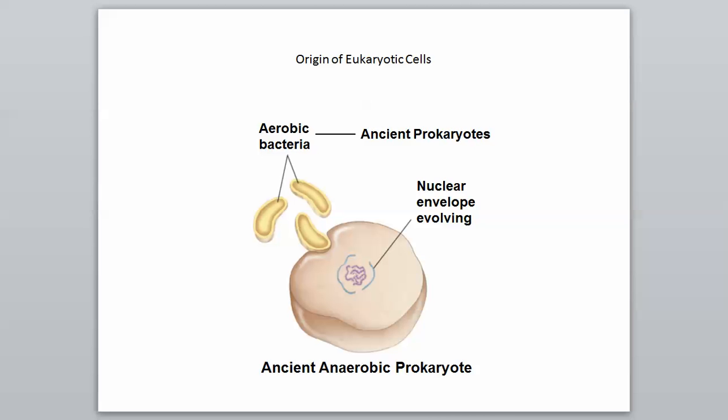And so what would happen here are first our aerobic bacteria, which means they use oxygen. They're moving inside of this nuclear envelope. So multiple bacteria are moving inside one cell membrane with a nuclear envelope on the inside. So the first step is they're moving in, starting to become closer together.